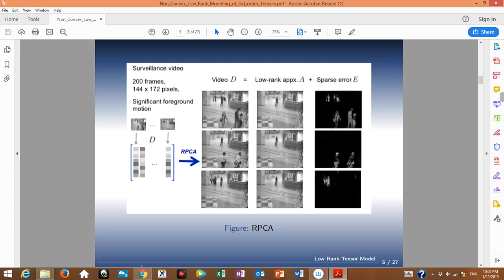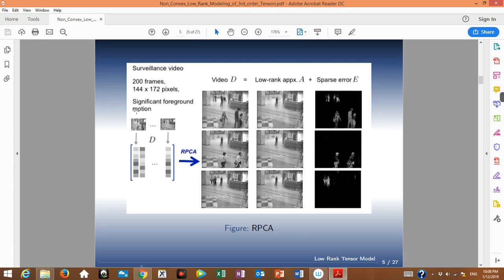The background cannot change, but at different times, different people are moving around, so the people do not remain the same. So those three pictures have the same background, which is low rank. The people moving around we can consider as sparse error. So we can recover the background of those images along with the sparse error.